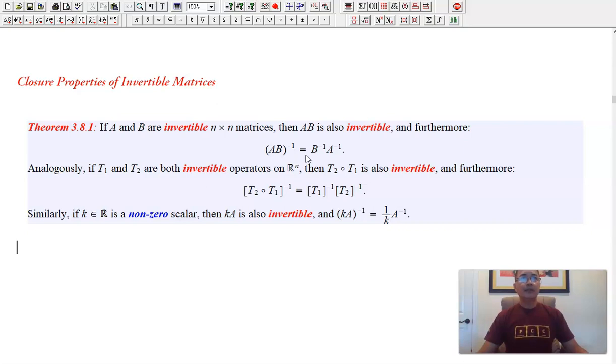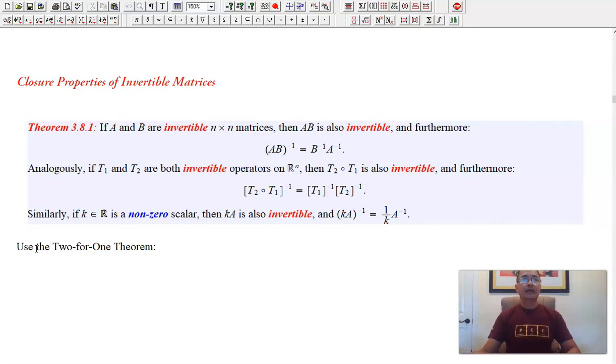We're being asked to show that the product A times B is invertible, and that the inverse of that product is B inverse times A inverse. This is where the 2-for-1 theorem becomes really useful.